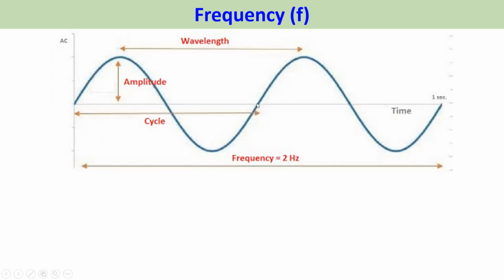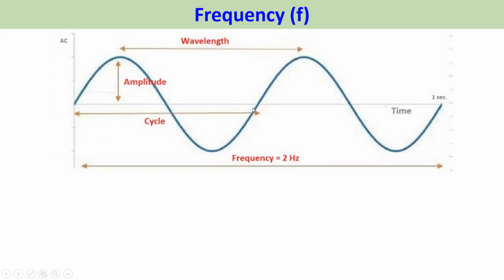Look at the signal path, where I am moving my mouse around the signal path, continuing in the signal, then coming again to this vertical axis. From the starting point to coming again to the vertical axis, between these two points is called a cycle.